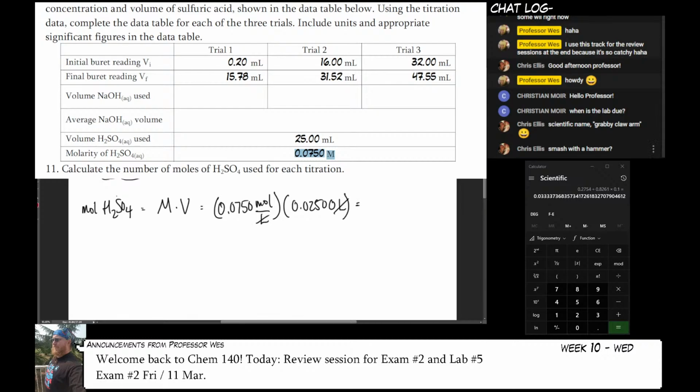So the amount of sulfuric acid used in our trial would be this. And I only get 3 sig figs, so I have to write 0.00188 moles of sulfuric acid.